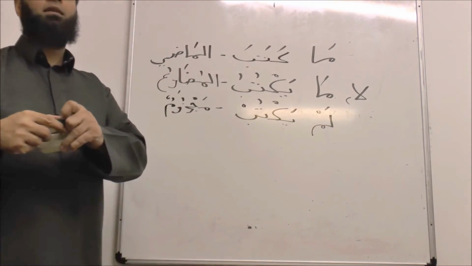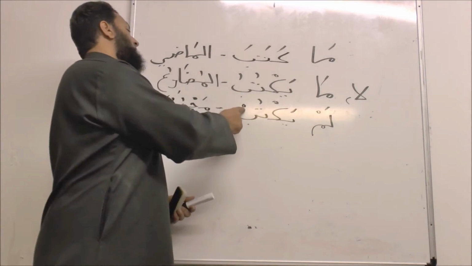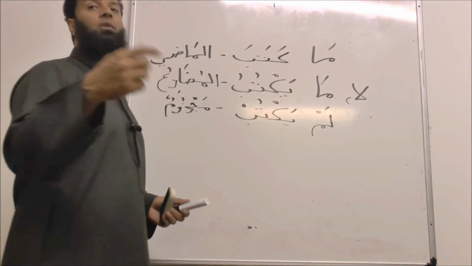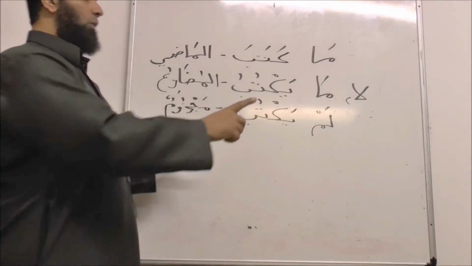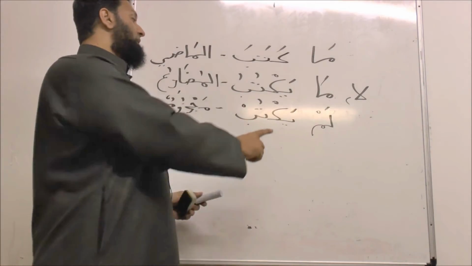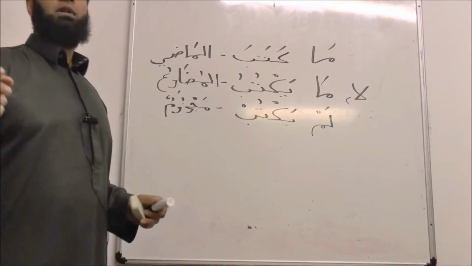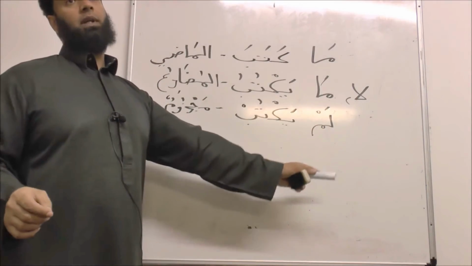Majzumun means when it ends with a jazm, which is a sukoon. So it was yaktubu, and now it's yaktub with a lam before it.